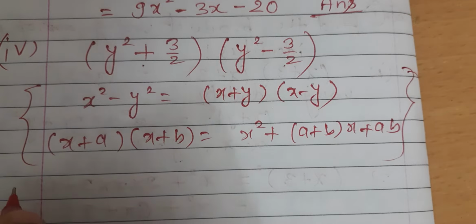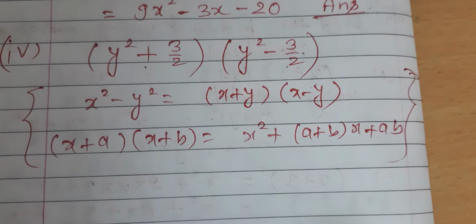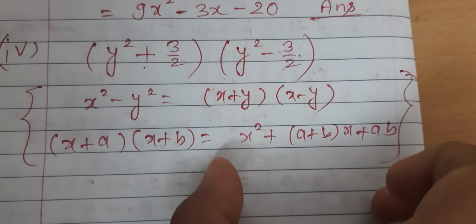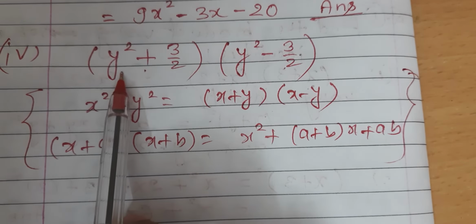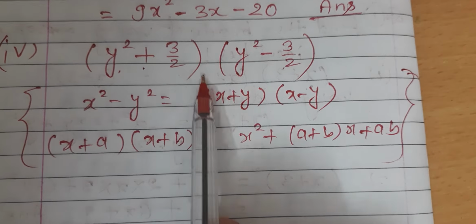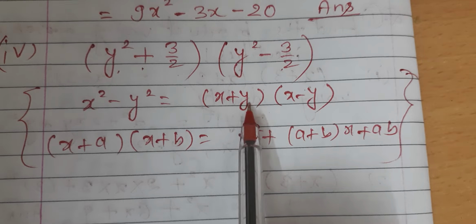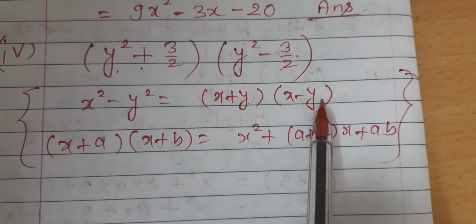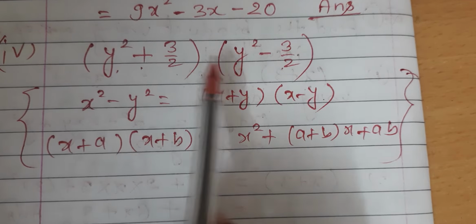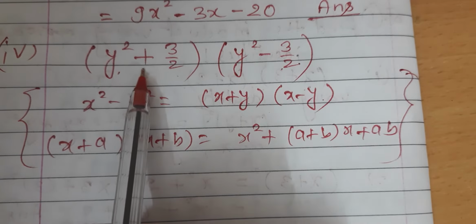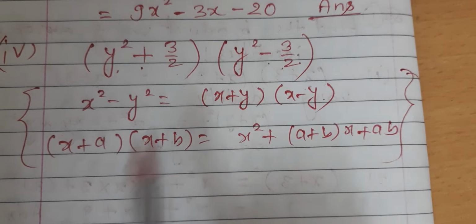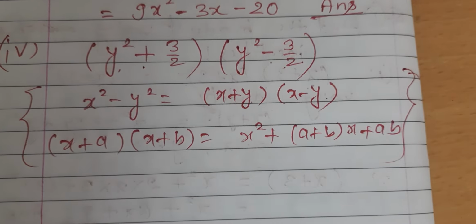Let us use the third identity and find the product, and also use the fourth identity and find the product. Because here the term is in the form of (x + y) multiplied by (x − y). See, x and y are the same, and here it is plus, here it is minus, so we can use the third identity.